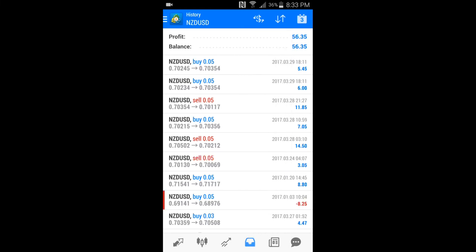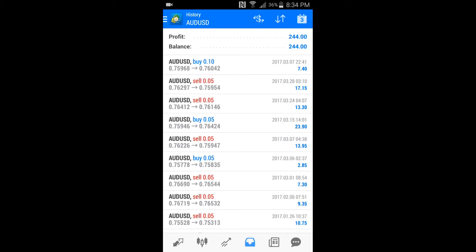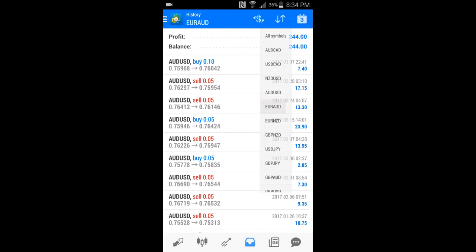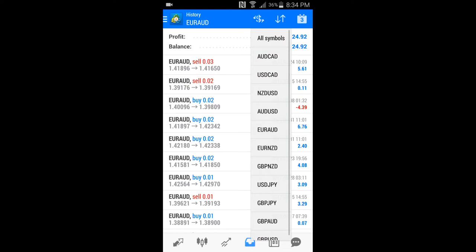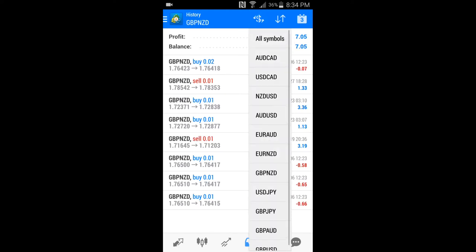New Zealand US dollar, 56. Aussie US dollar, $244. Euro Australian, 24.92. Pound New Zealand, 7.05.